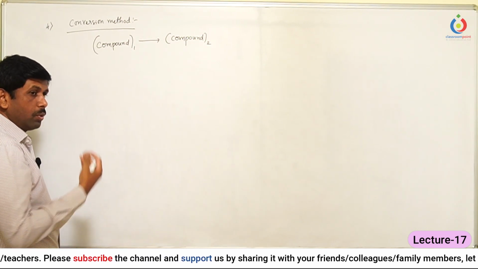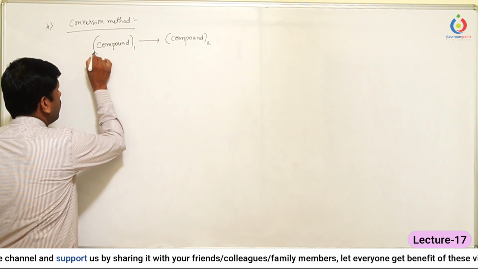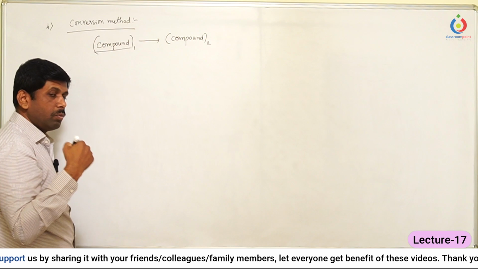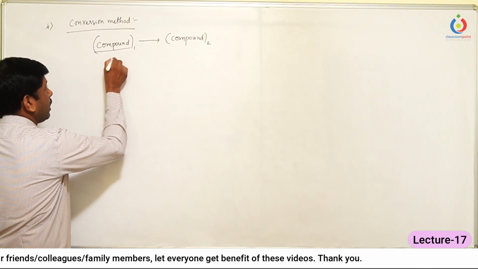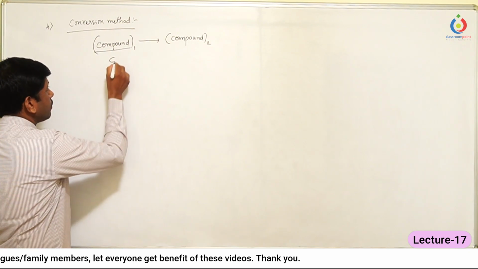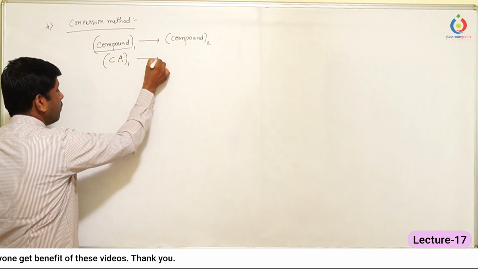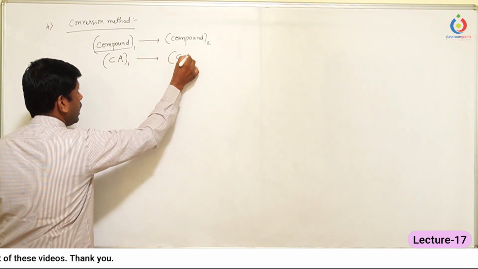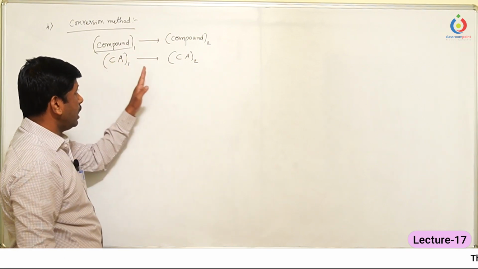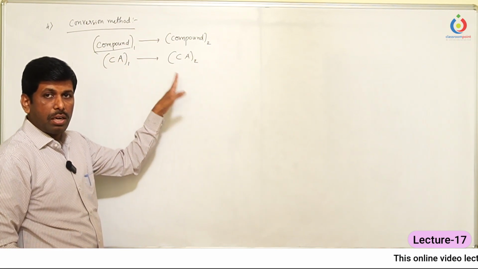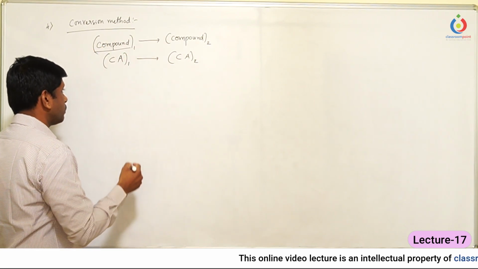In such cases, how do we calculate the equivalent mass? Imagine compound 1 has one cation and one anion. I am taking the cation as C and the anion as A. So CA1 is converting into the cation and anion in the second compound. The cation and anion may or may not be equal, because the first compound is different and the second compound is different.